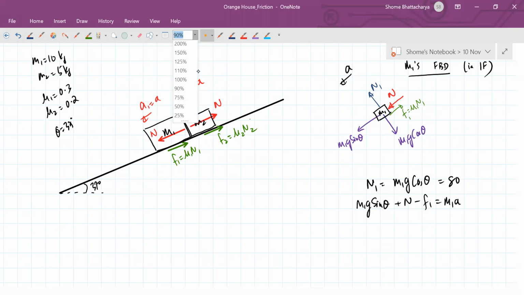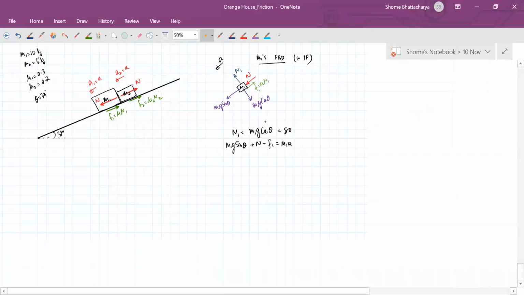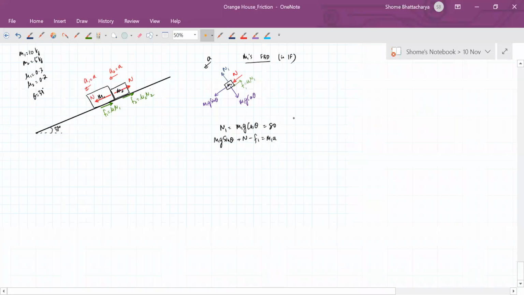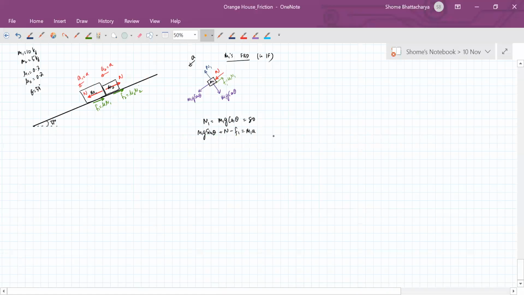So this equation will give us 60 plus N minus, now this friction is mu1 N1.